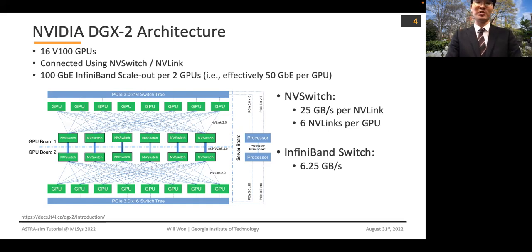The first dimension becomes the NVSwitch dimension, and each NVLink has 25 gigabytes per second bandwidth. As you can see, per GPU there are 6 NVLinks being used. Then the GPU can be scaled out using 6.25 gigabytes per second effective InfiniBand bandwidth.